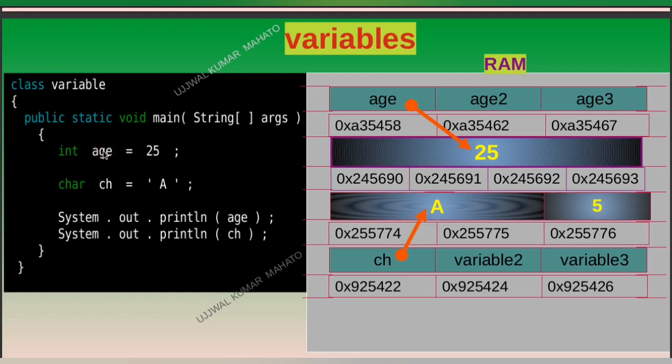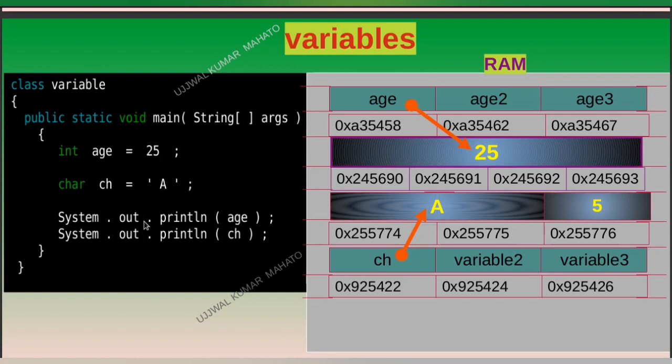Here age is a variable that has the value 25, and the data type of age is int. Now the second variable ch is of type char, and it has the value capital A. We declare any character value through single quotes, so single quotes are given on both sides of capital A.